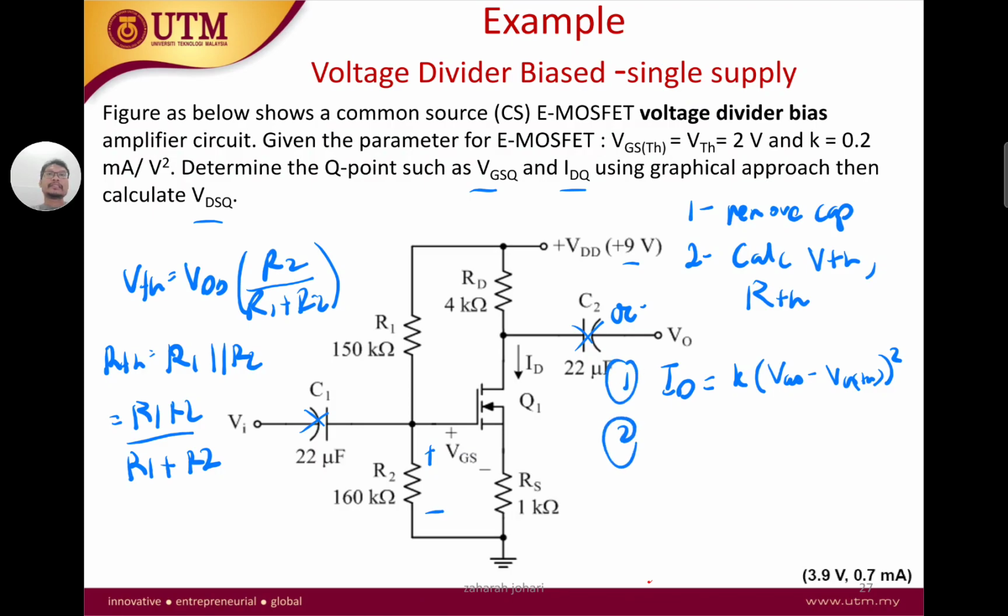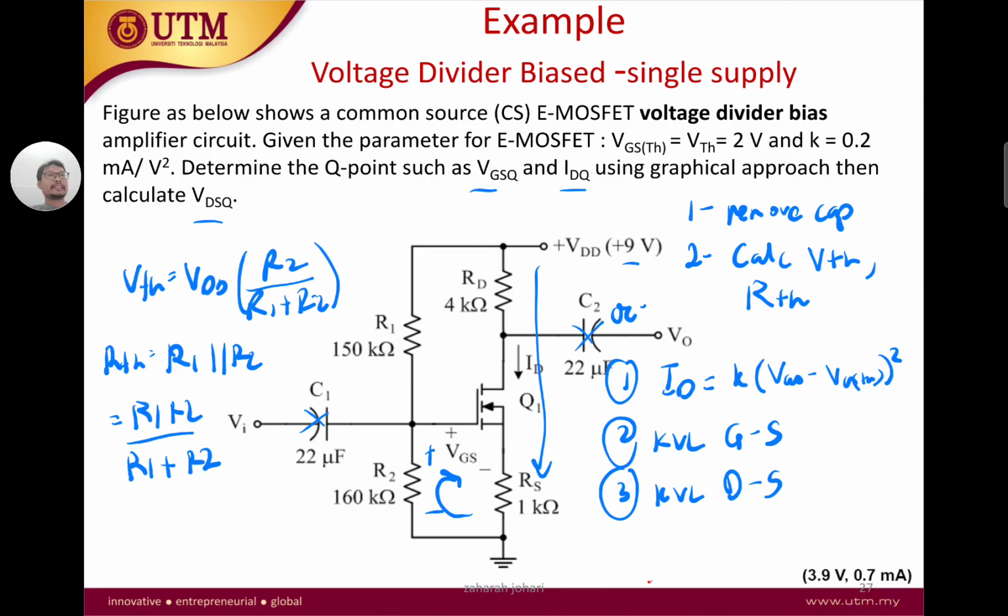The second equation is the KVL loop between the gate and the source, which is here. The third is the KVL between the drain and the source, which is right there. Once we have these three equations, we can draw the ID-VGS characteristic graph, and we can calculate VDS from our IDQ.